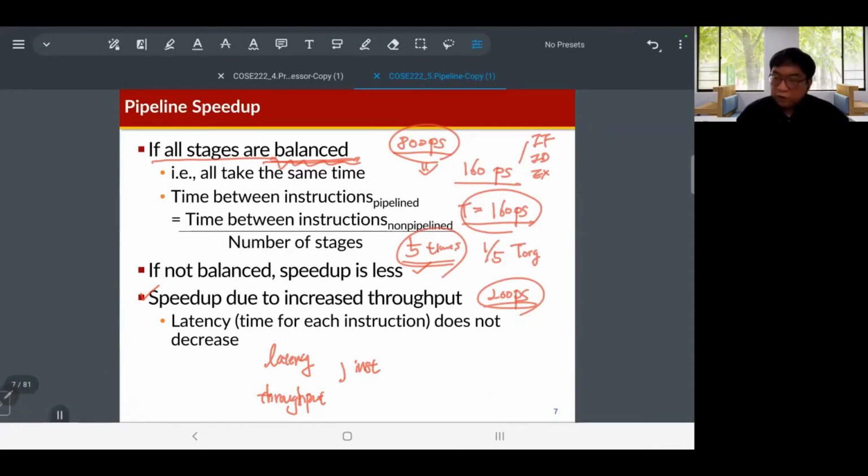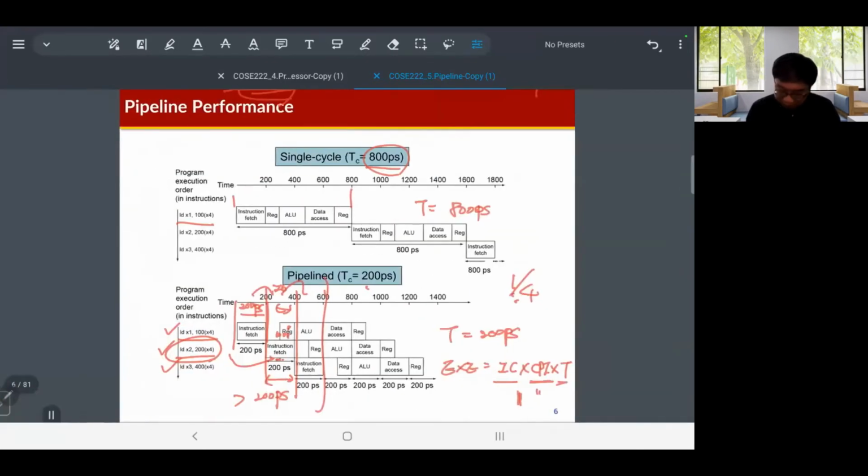If we just focus on the execution time of a single instruction, can we improve the latency with the pipeline architecture? Let's focus on the latency of a single instruction. Can we improve the latency? No. This is because, let's just see this example.